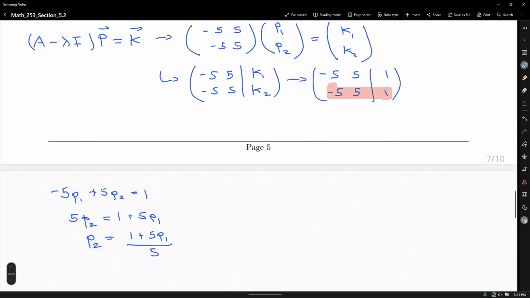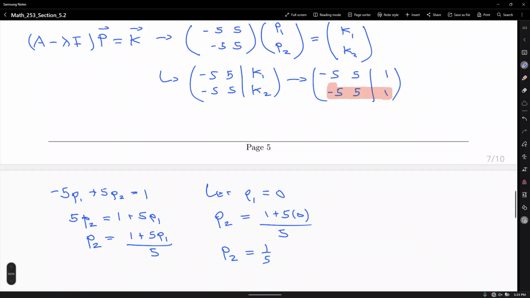How about that? So P1 equals 0, and that is P2 equals (1 plus 5 times 0) over 5, and that's going to be P2 equals 1/5.